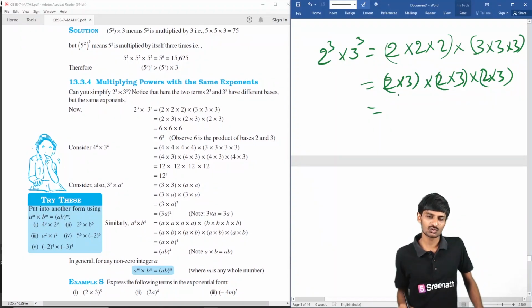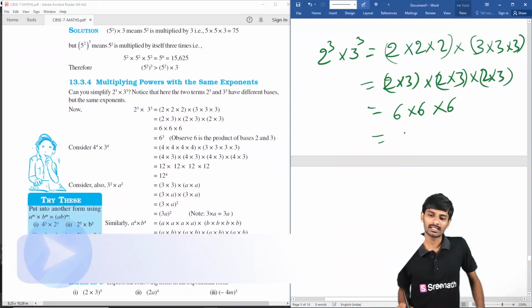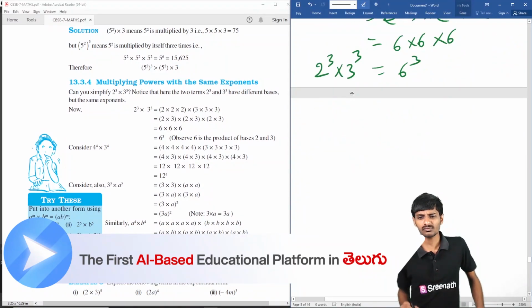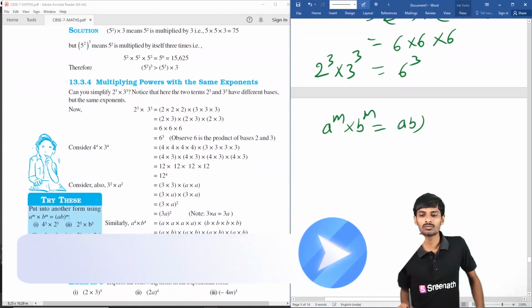If you solve this, 2 into 3 is 6, into 6, into 6, and you can write it as 6 cube. So 2 cube into 3 cube is equal to 6 cube. Which means a power m into b power m is equal to ab whole to the power of m.